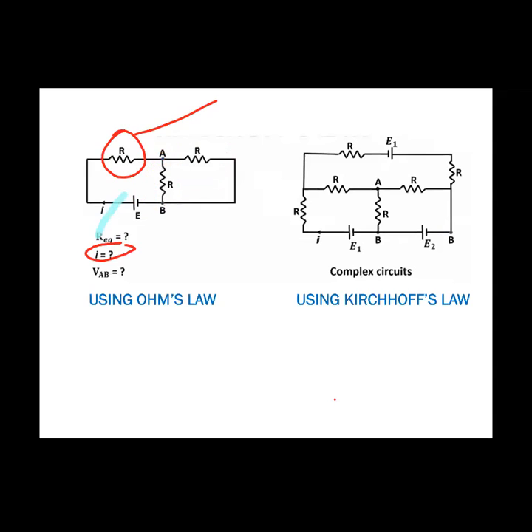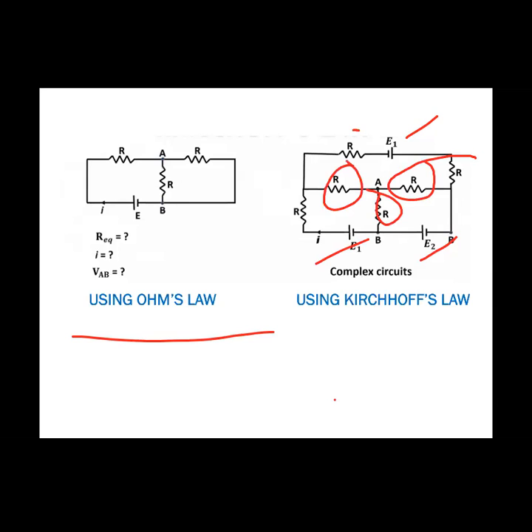And if we want to find out, children, the potential difference across AB, we have R, we have the current, so we can find the potential difference using Ohm's law. No problem in that, right? But children, if the circuit is complex, very complicated, as you can see in the second case, here one cell is connected, here another cell is connected, here also a cell is connected, and a lot of resistors are connected.